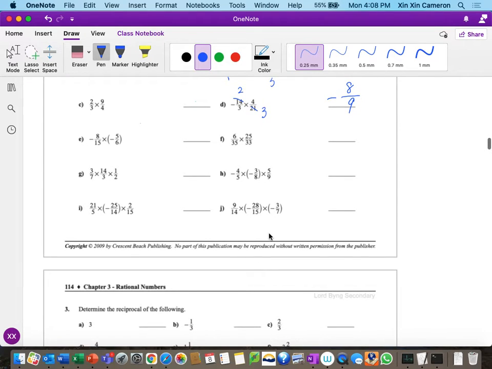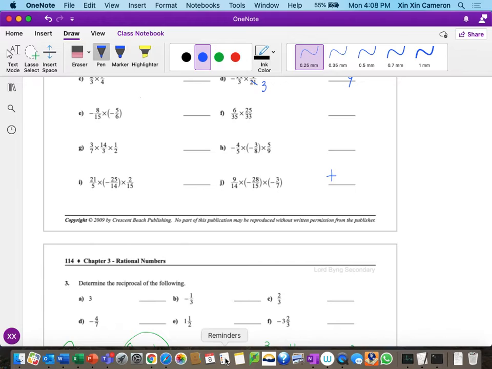Now, a more difficult one is this one. I got 3 numbers here. Positive, negative, negative. The sign is positive. I'm very sure about that. Now there's a whole bunch of things I can look at. If you can quickly see, 14 and 28, divided by 14, that is 1, because 28 is double the 14.